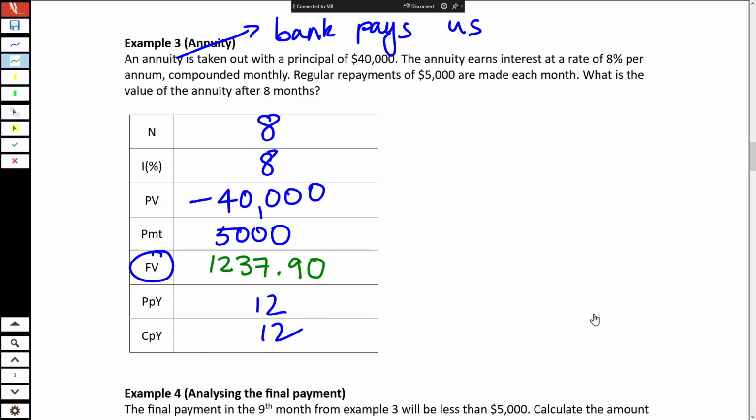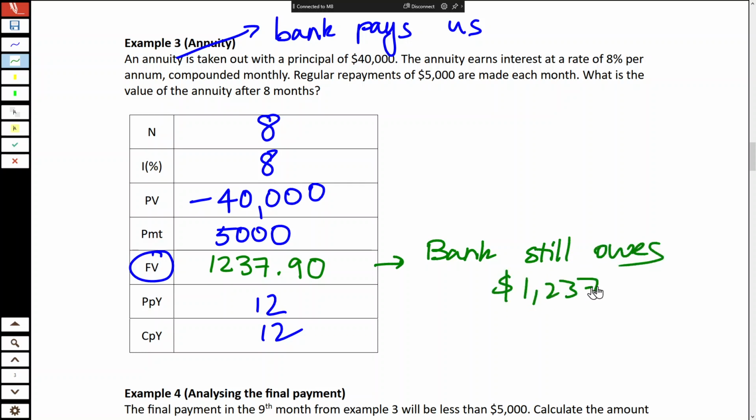Now, think about it. $5,000 for 8 months is $40,000. I gave them $40,000, so it makes sense that the bank still owes me a little bit because of the interest. So, the bank still owes 1237.9.